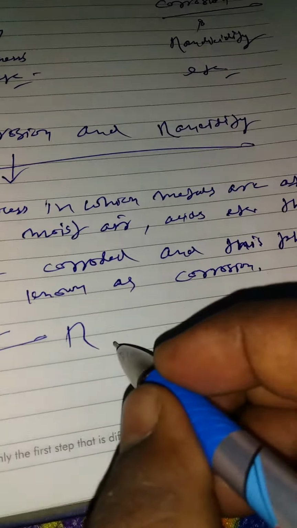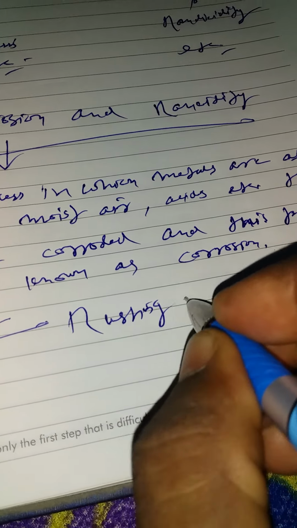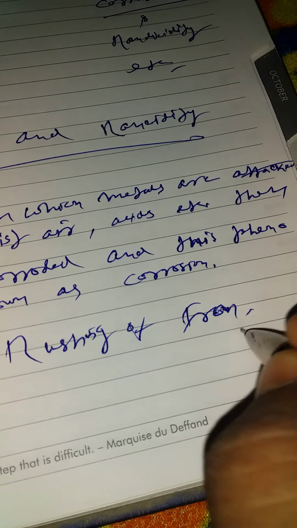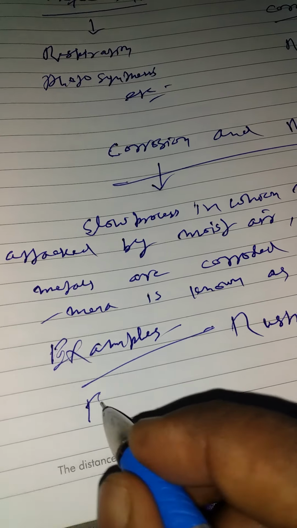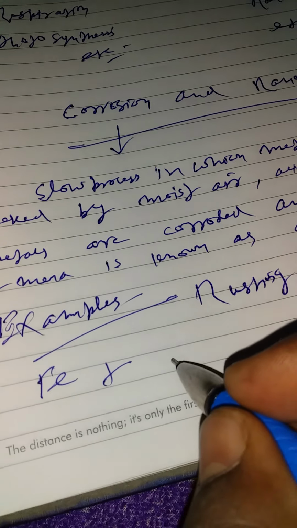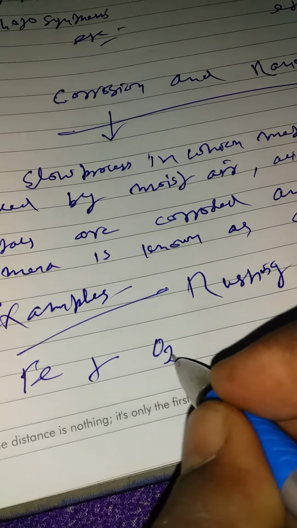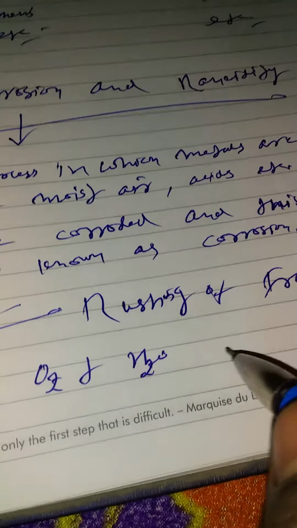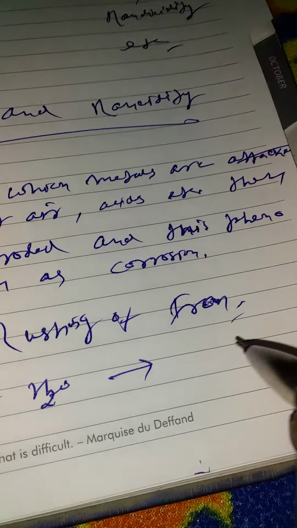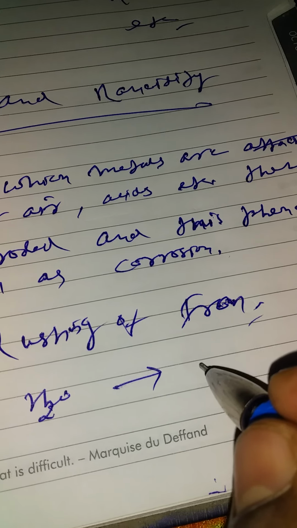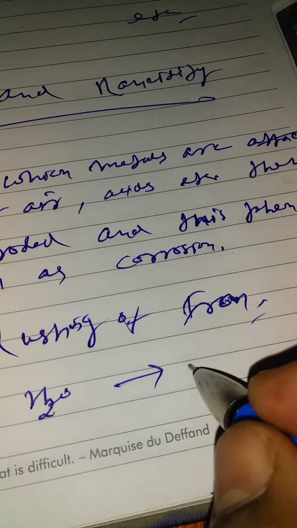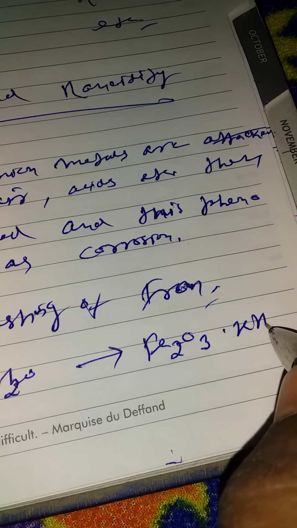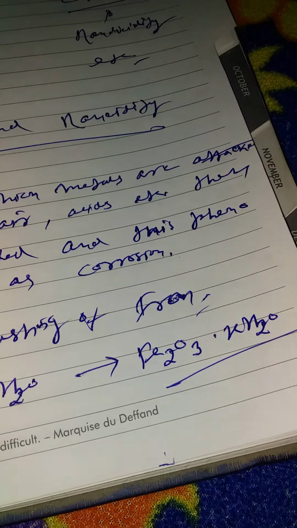First, rusting of iron. Rusting of iron, in which iron reacts with moist air, O2 plus H2O. It forms a coating on iron article, hydrated ferric oxide, Fe2O3 into XH2O.